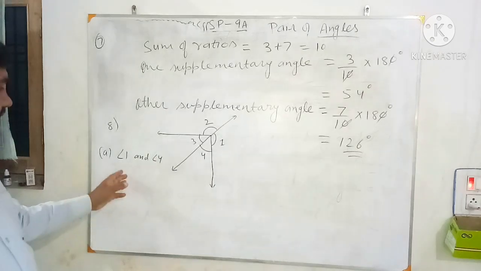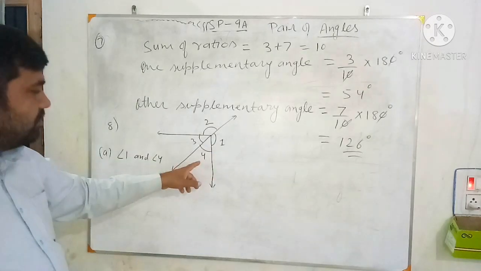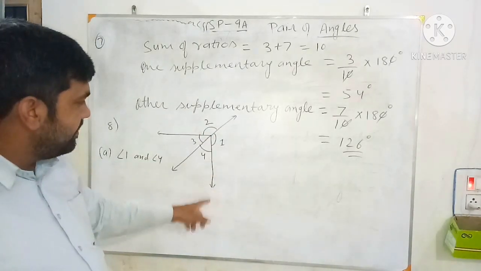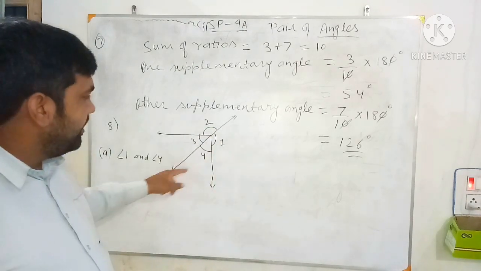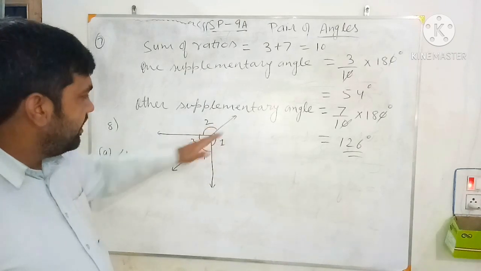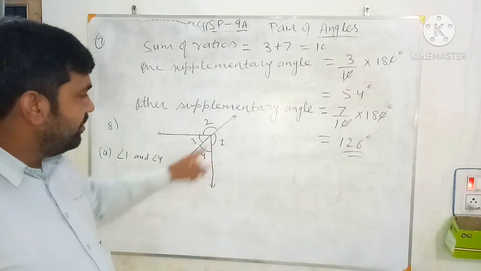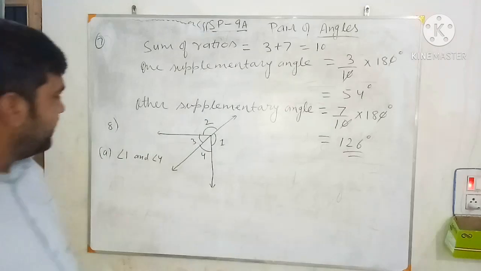Angle 1 and 4 are adjacent because both have one common arm, and a linear pair because the sum of these two angles is exactly 180 degrees, since these two angles are made on a straight line. If you add angle 1 plus 4 you will get 180 degrees. That's why it is a linear pair.